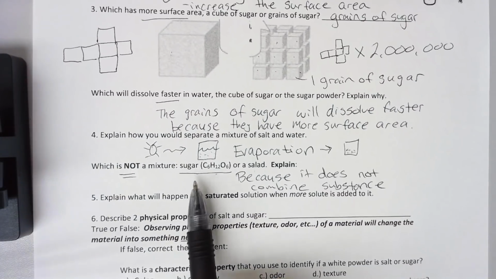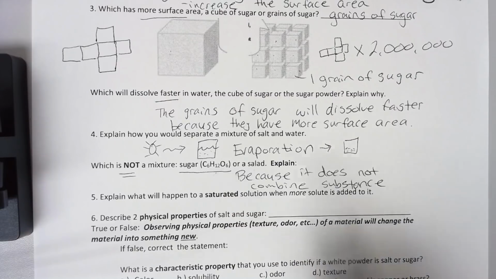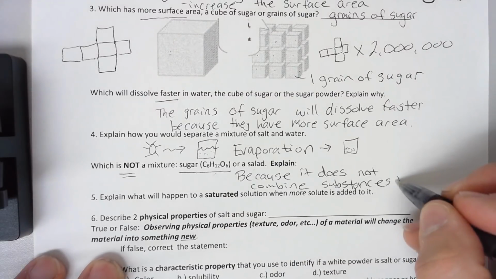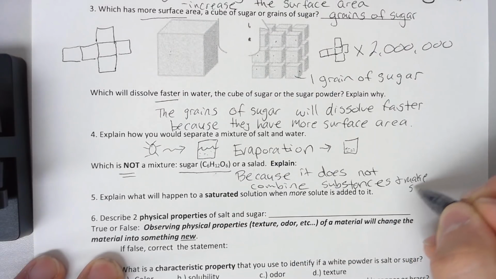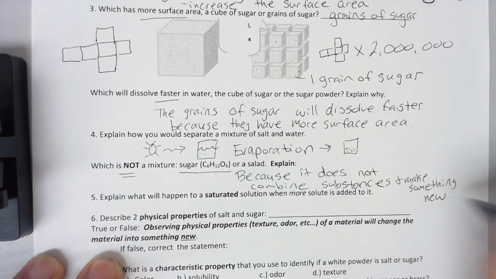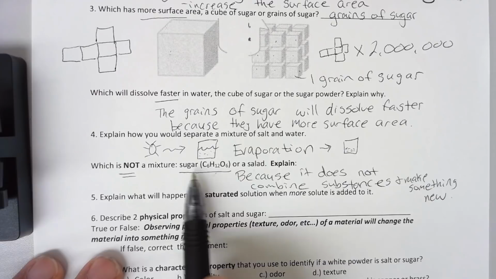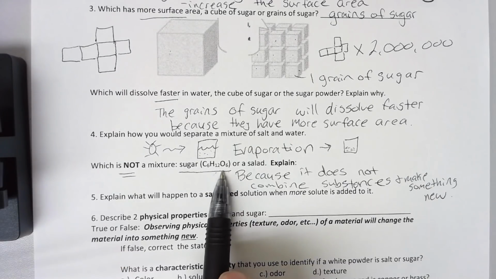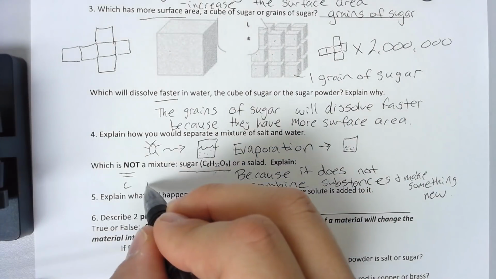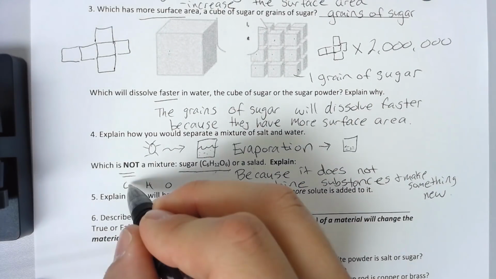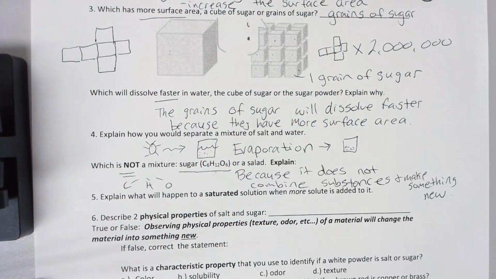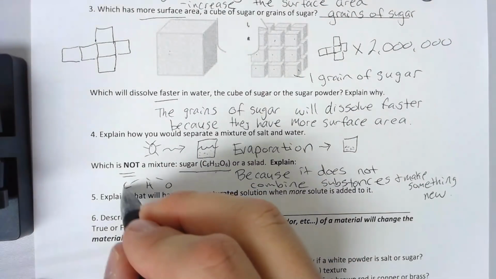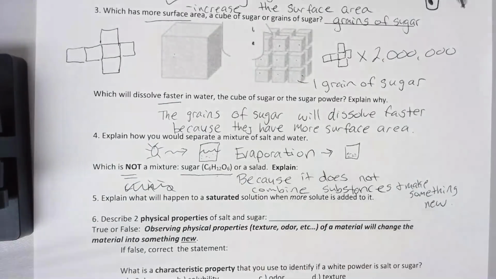And again, it does not combine substances and make something new. So sugar, we have C6H12O6. That's not a mixture. That's just 3 different atoms combining. And if you were to have carbon atoms, hydrogen atoms, oxygen atoms, and you combine them, you are making something new, right? So that's not a mixture. A solid is a mixture.